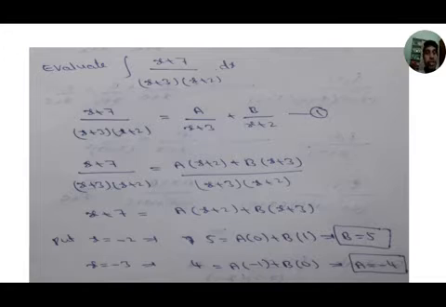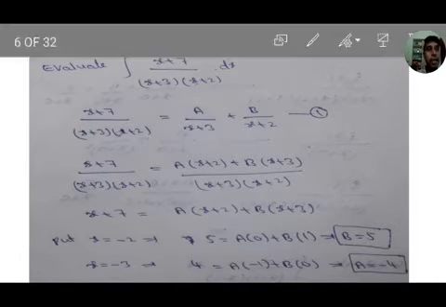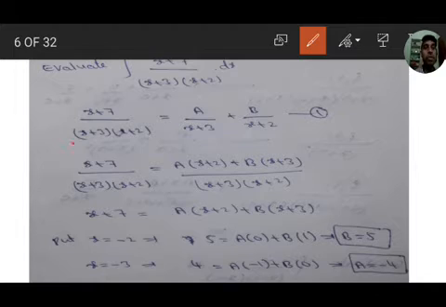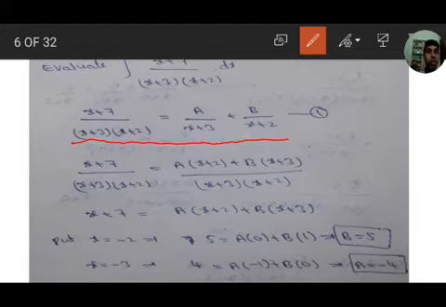evaluate integration x plus 7 by x plus 3 into x plus 2 dx. Here also non-repeated linear factors. So first case, x plus 7 by x plus 3 into x plus 2 equal to a by x plus 3 plus b by x plus 2.